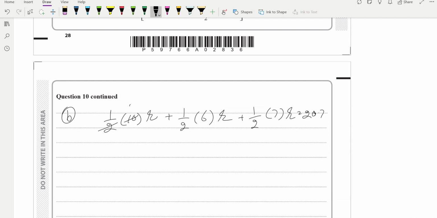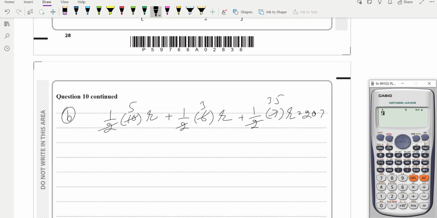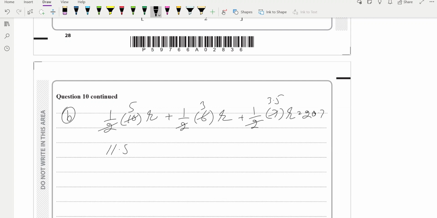Now we can add them all. So after cancellation, this will be 5, this will be 3, and this will be 3.5. So 5 plus 3 plus 3.5 will be equal to 11.5. So 11.5 R is equal to 20.7.